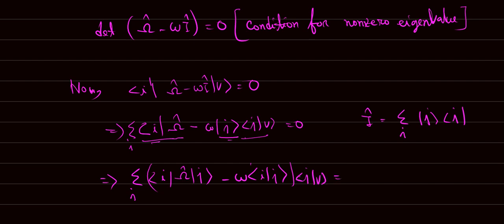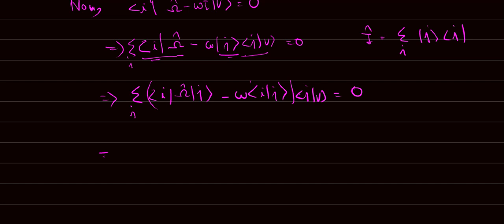It will be out of the sign, it will be 0. And what is this? This is the matrix element of our operator omega.